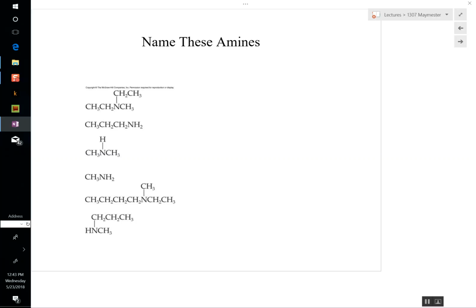And then this one up here, we've got diethylmethylamine. By doing that, we don't need to use a bunch of N's in the name. If we went into an IUPAC name, would it be N-methyl, N-ethyl, ethanamine, something like that. What's the first one? This one is the top one, way up there.